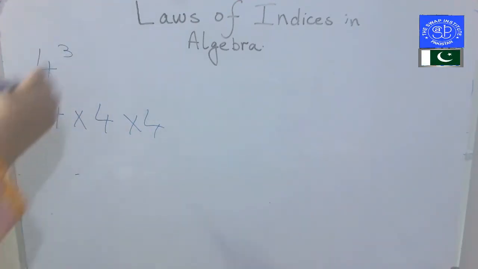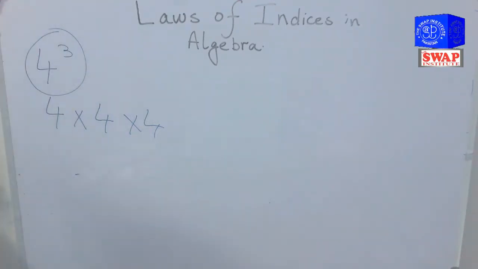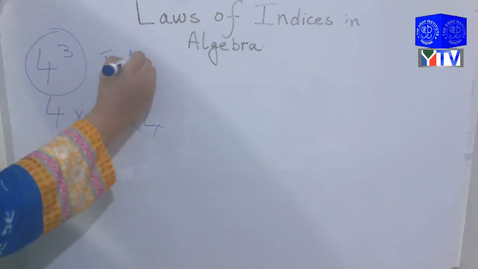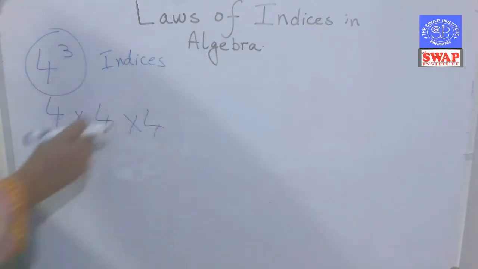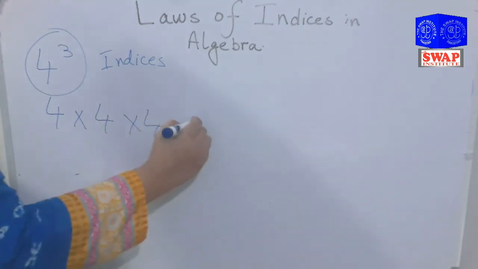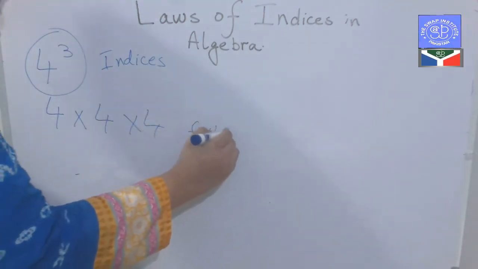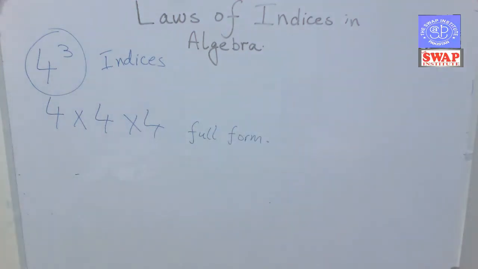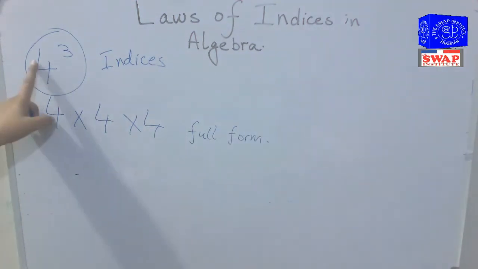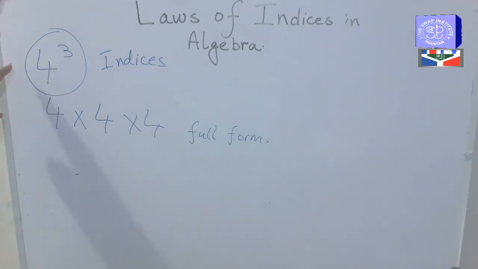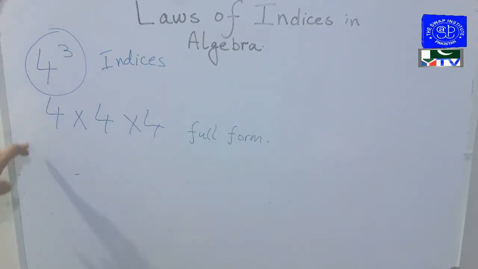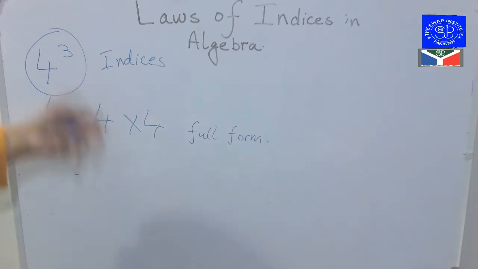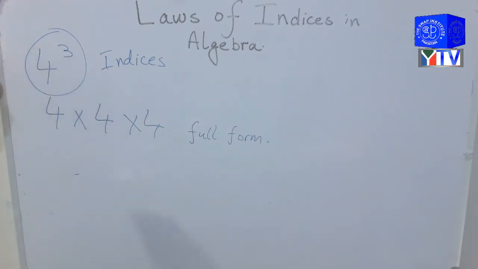This form, 4 cube, is called indices form, and 4 into 4 into 4 is called full form. Whenever you are told to write the full form of 4 cube or any number, you will write it this way, and if you are told to write any number in indices form, you will write it in this form.